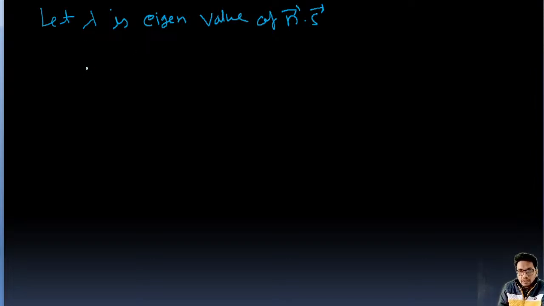It means mod of n dot s minus lambda I equal to 0, right? This we know.